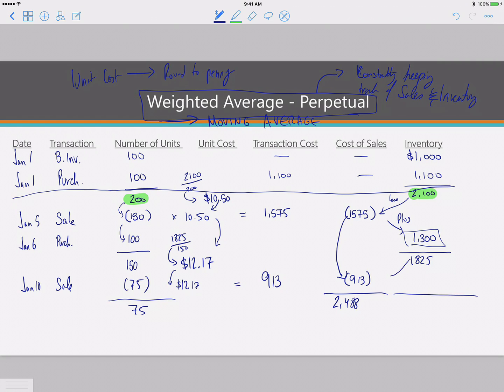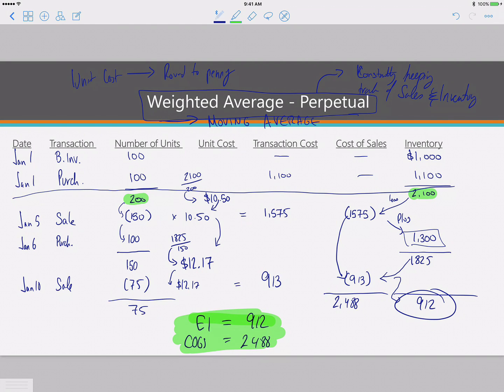And we're going to subtract 913 from 1825 to give us our ending inventory. So 1825 minus 913 gives us an ending balance of 912. So our ending inventory is 912. And our cost of goods sold for the period is 2488. So this is our solution for the problem.